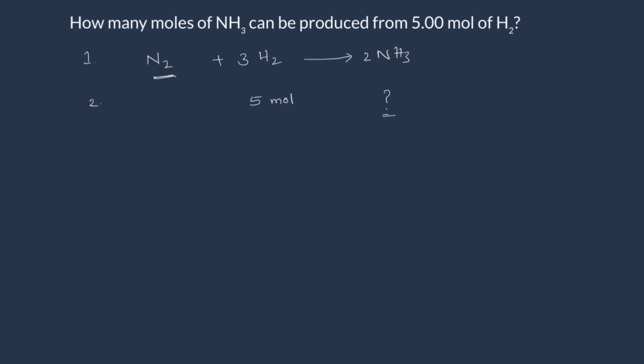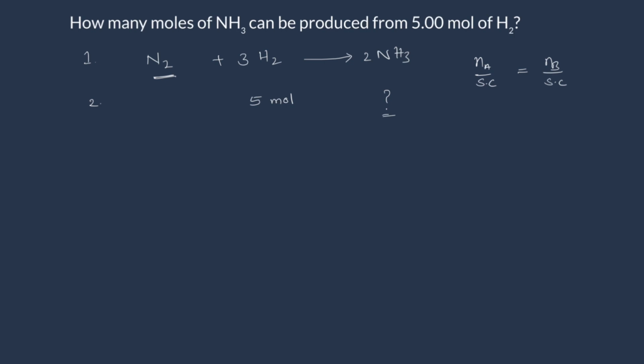Then use the formula I told you: Na by stoichiometric coefficient is equal to Nb by stoichiometric coefficient. So this is the given mole.